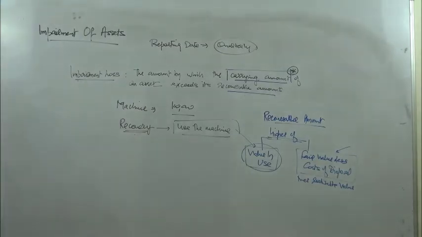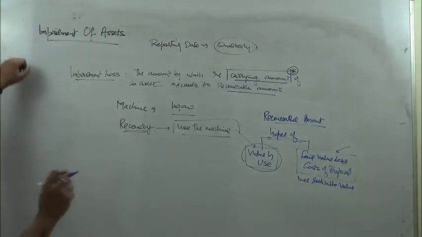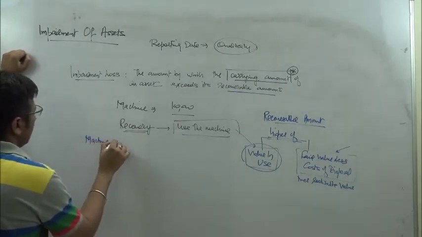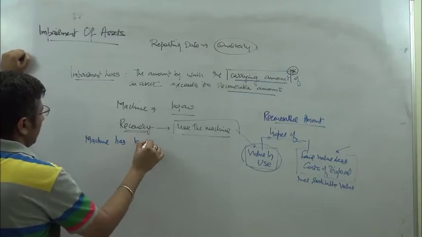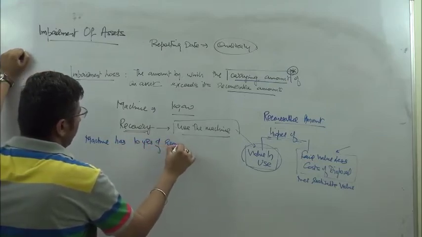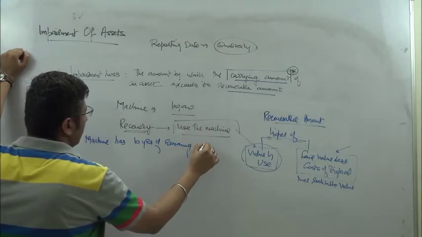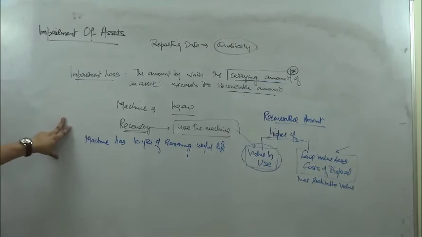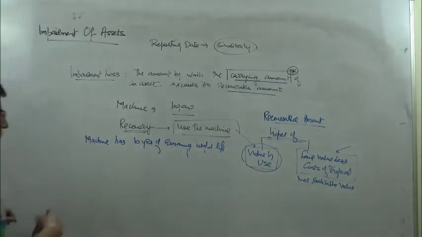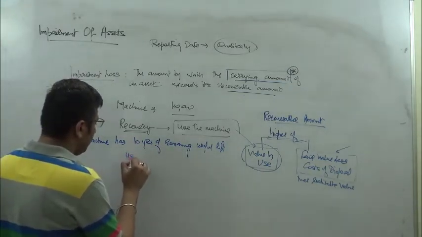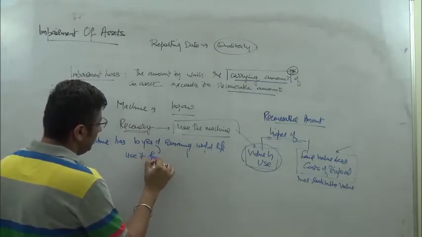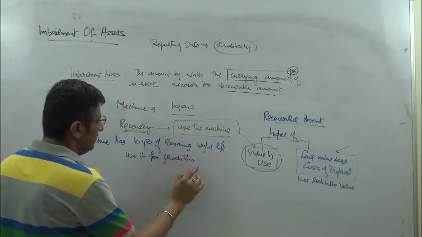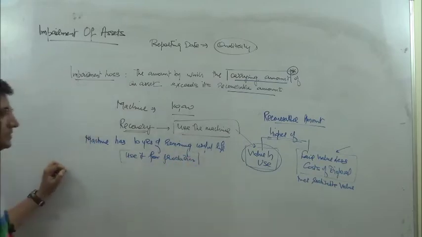All right, now of course what we need to now understand is what is meant by value in use. Okay, if I say the machine has 10 years of remaining useful life, right? Then naturally I expect to, let's say, use it for production purposes.